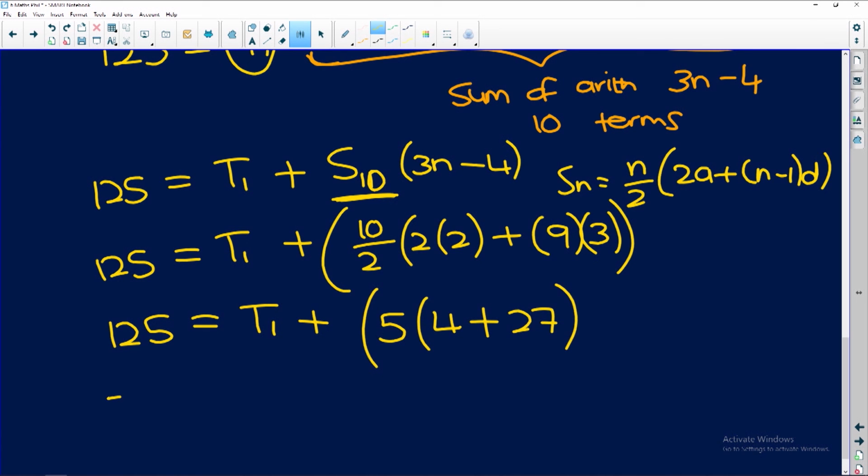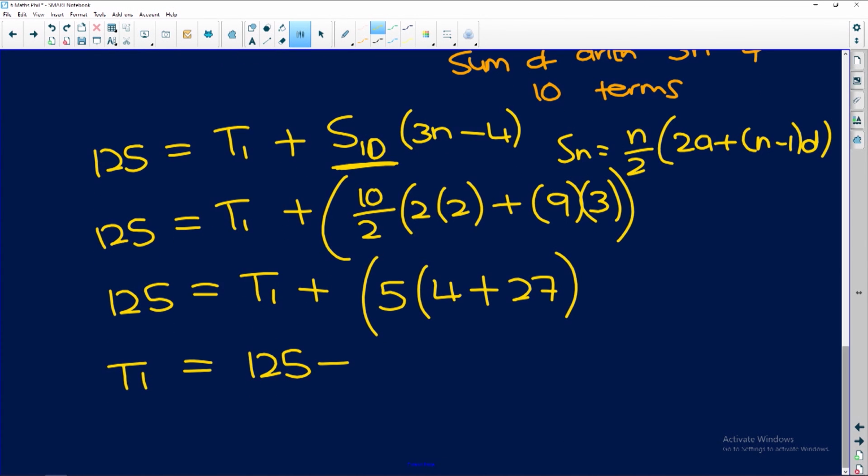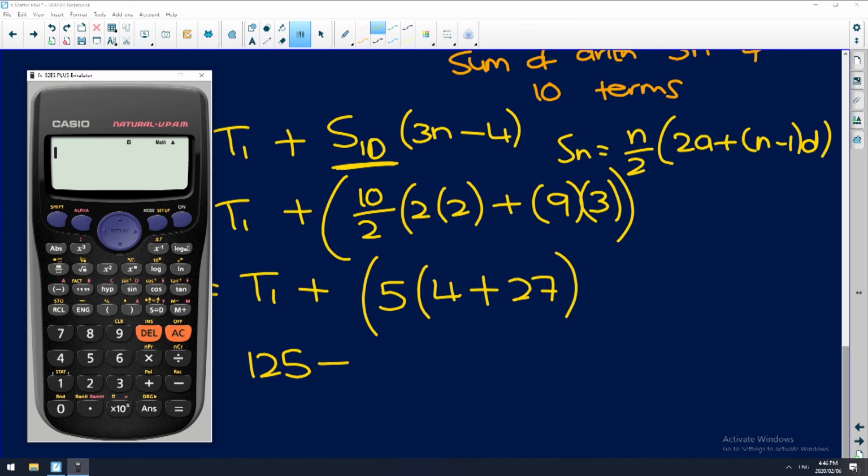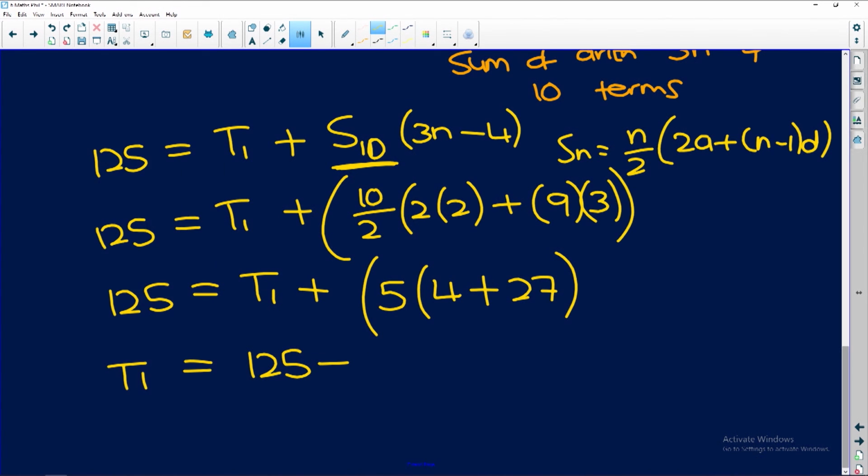So we're going to get that term 1 is equal to 125 minus this bracket. So 5 times 4 plus 27 gives us 155, which means that term 1 sits at negative 30. Okay, so guys, I know that question was ugly.